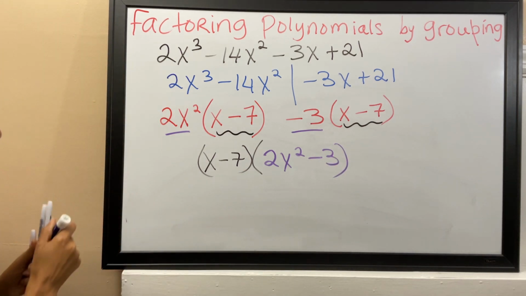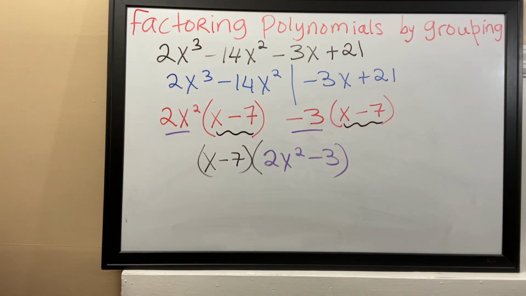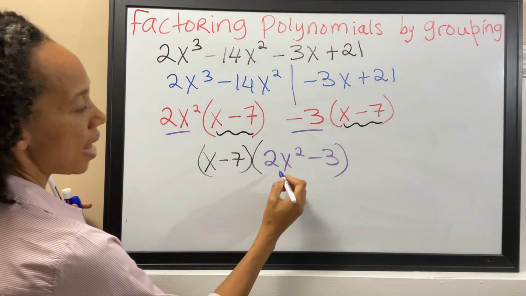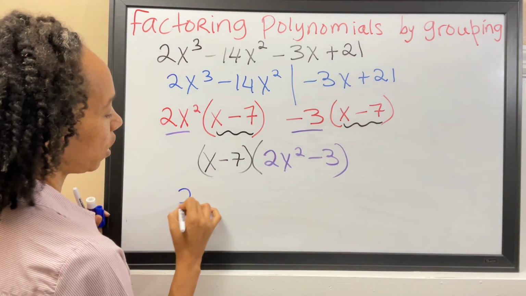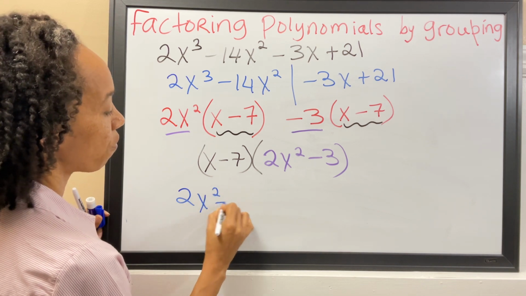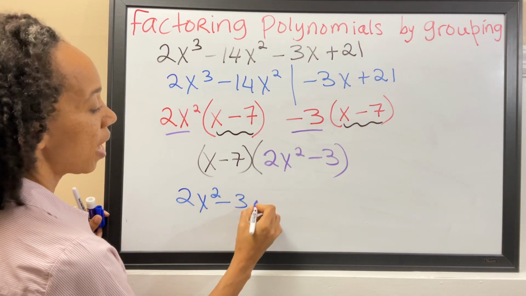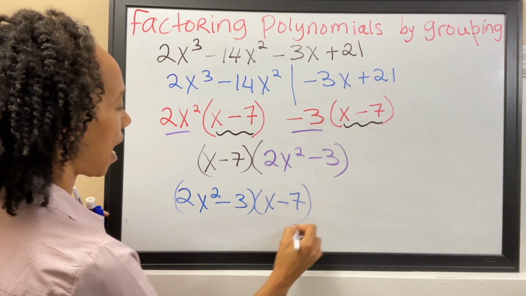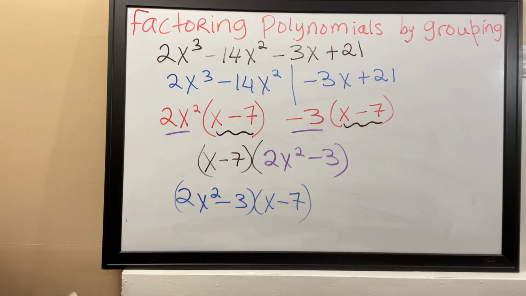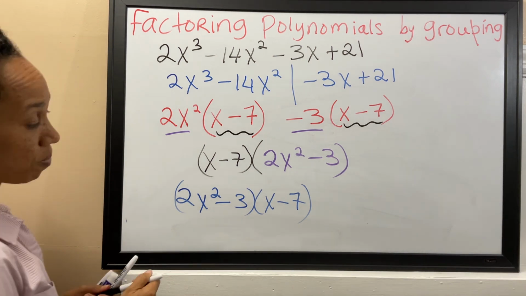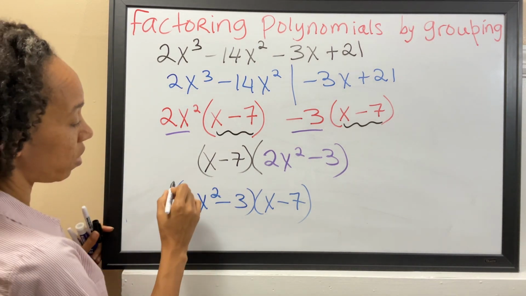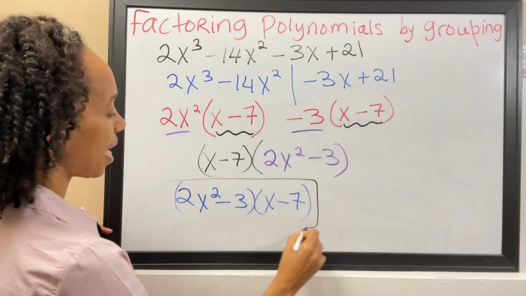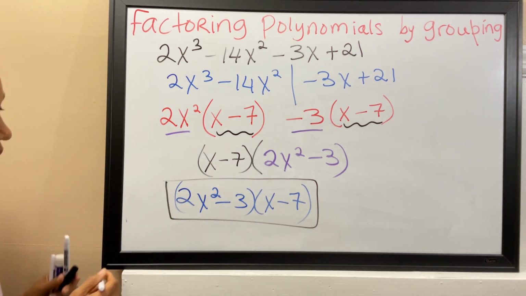Now, once again, as I always tell my students, please write your answer in standard form. So you're going to have 2x to the second power minus 3 as one parentheses, and the next one is x minus 7 as the other one. And I like to box my answer, and I tell the students, please box your answer. You're telling whoever is grading your paper that that is the answer you need to be graded on.